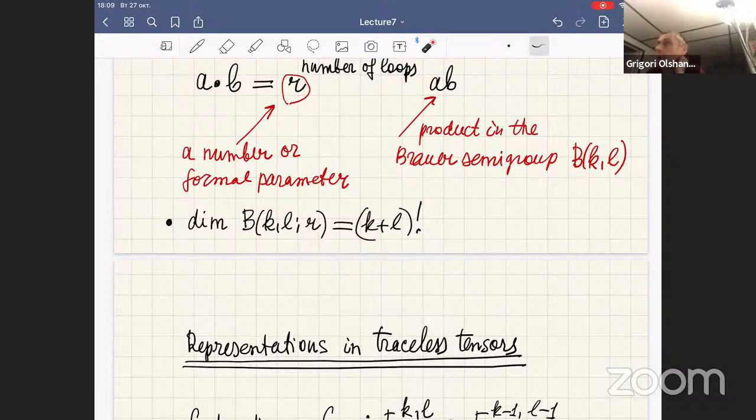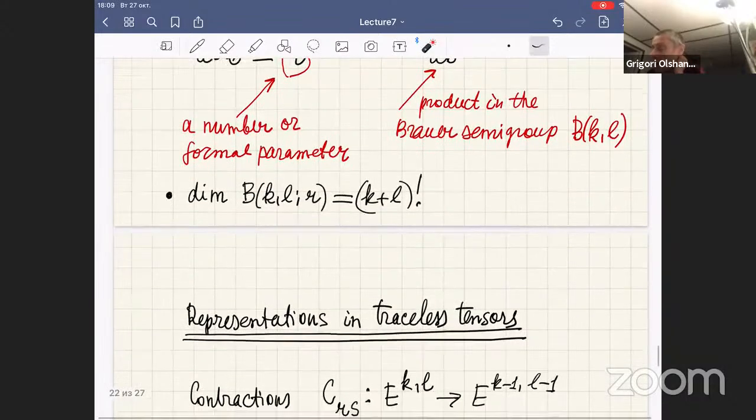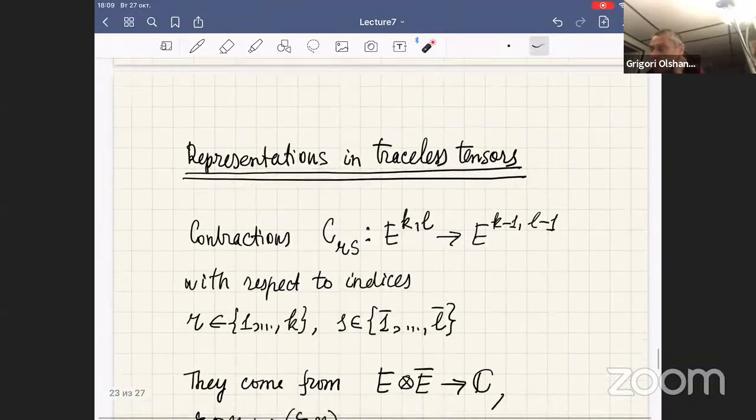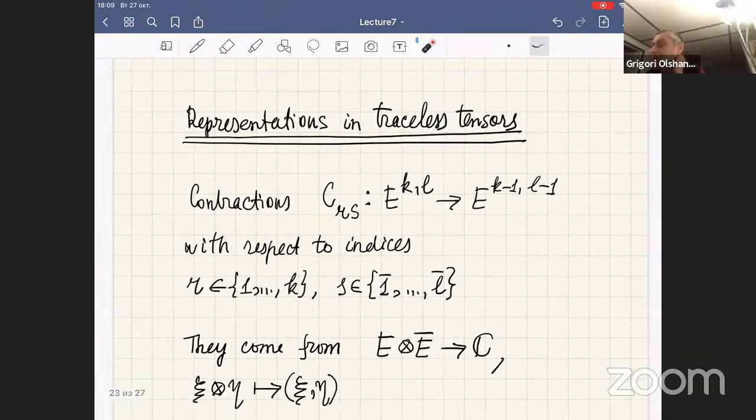There are also some quantum versions, some quantizations of this object. So this is quite an interesting topic. And now I would like to discuss a related subject, which also produces some extension of Schur-Weyl duality, and maybe even more natural in some sense.